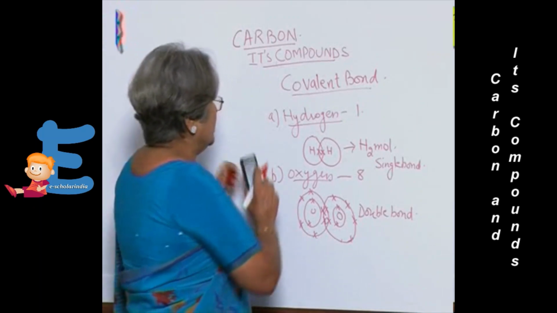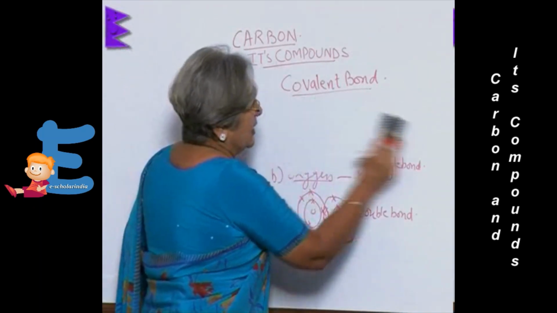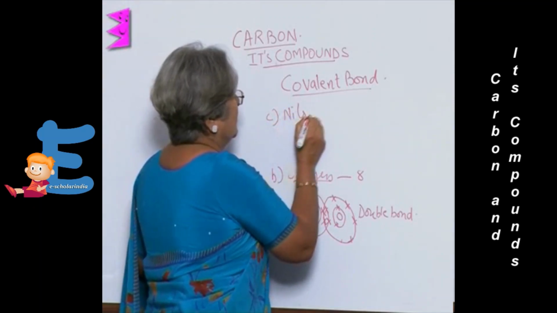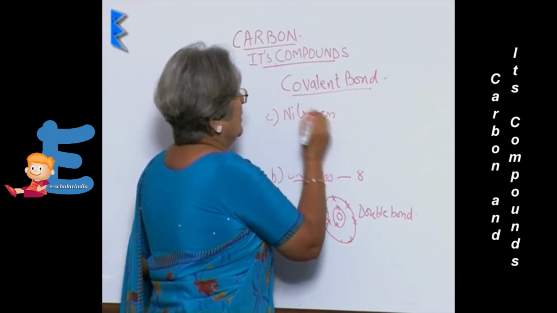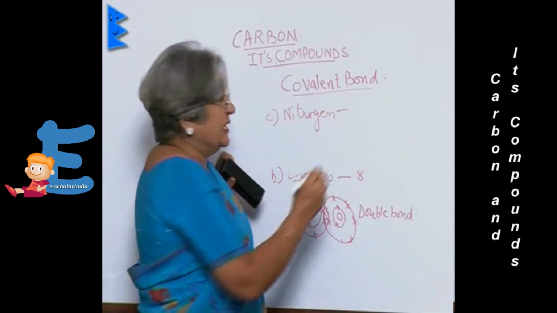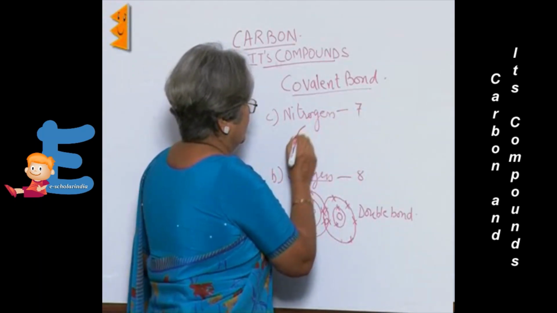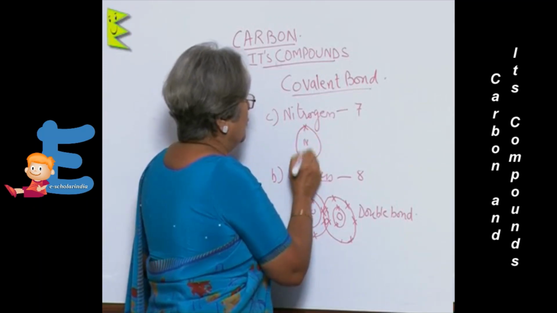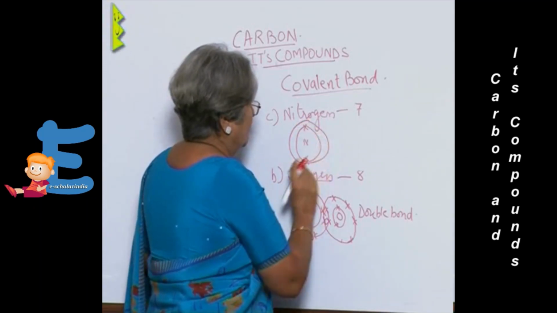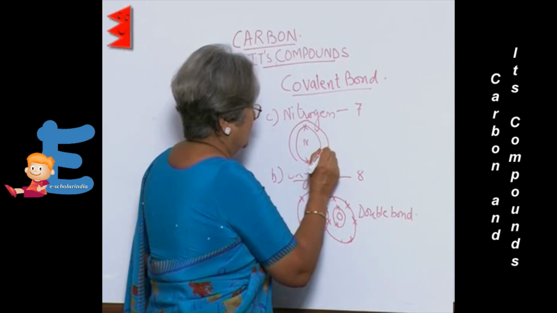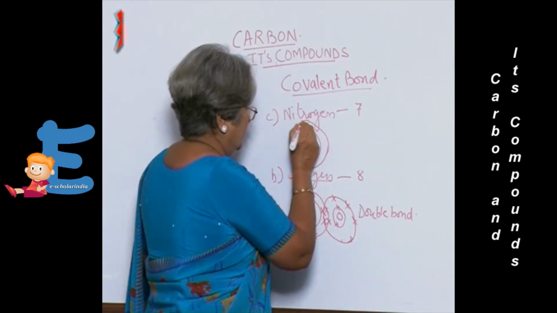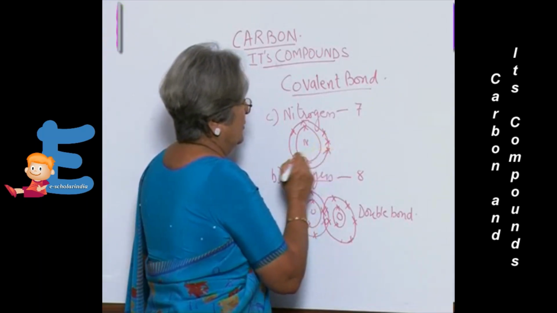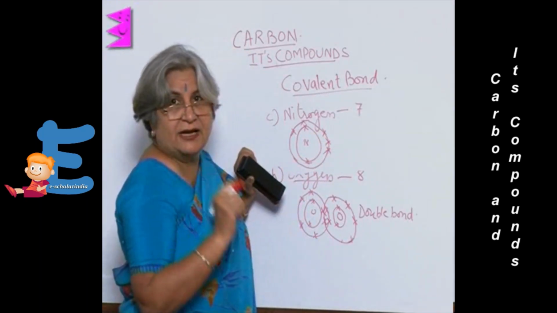Now not only hydrogen and oxygen, there are others also, like nitrogen. The atomic number of nitrogen is 7. So the first shell will have 2 and then 5. Now it needs 3 electrons.